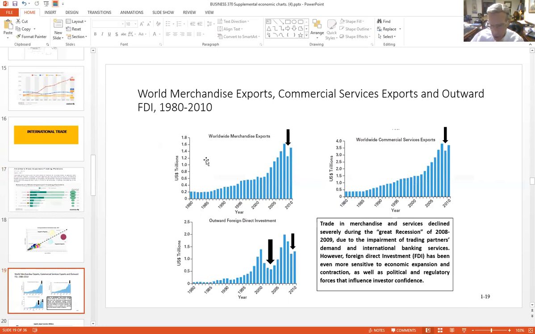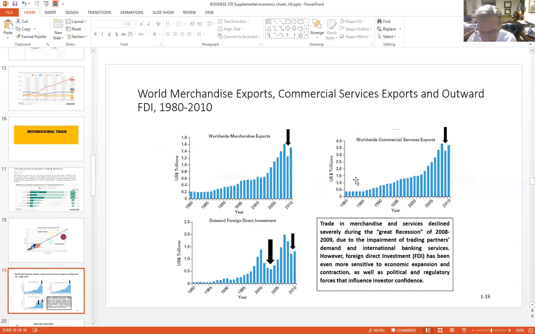So the drop was from about 1.7 trillion to perhaps 1.3, a $400 billion drop. Here you can see that I'm sorry, this is in trillions. So yeah, that would have been in billions.